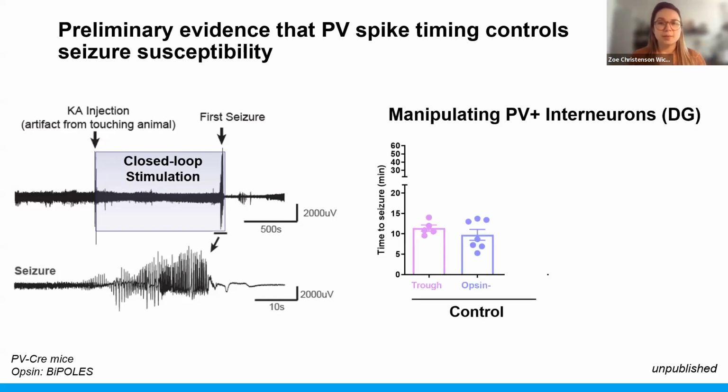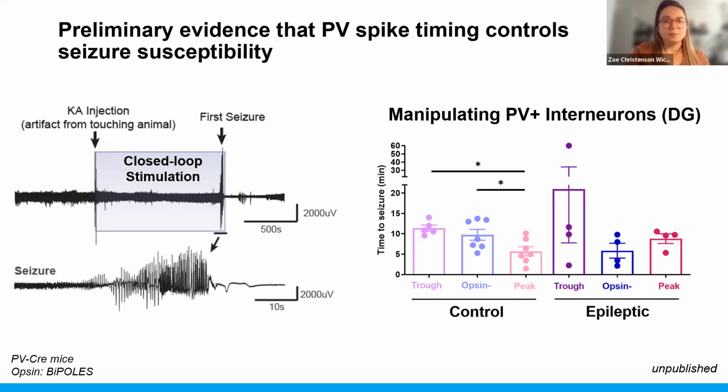And in otherwise healthy mice whose inhibitory phase locking is intact, I don't see any difference in seizure latency between the trough targeted stimulation and the opsin negative animals, which is as expected. But I did see a significant reduction in the time to that first seizure when I misaligned inhibitory neuron firing to the peak of theta.